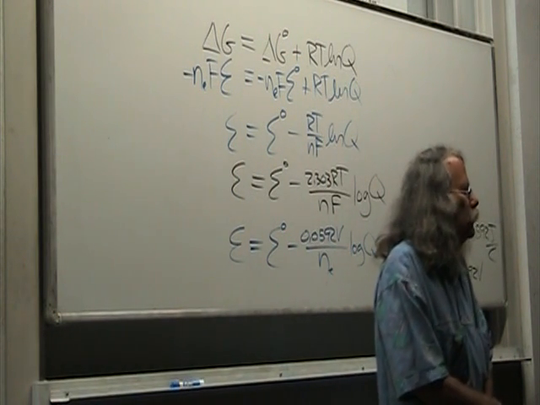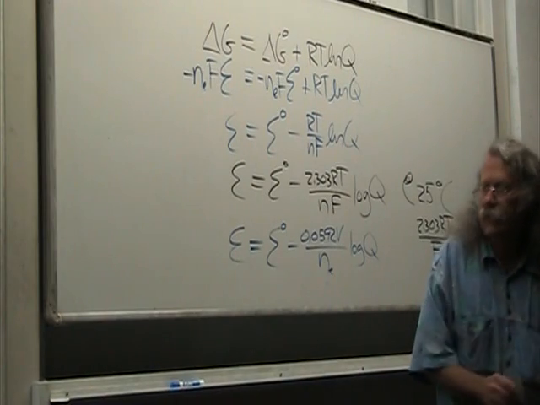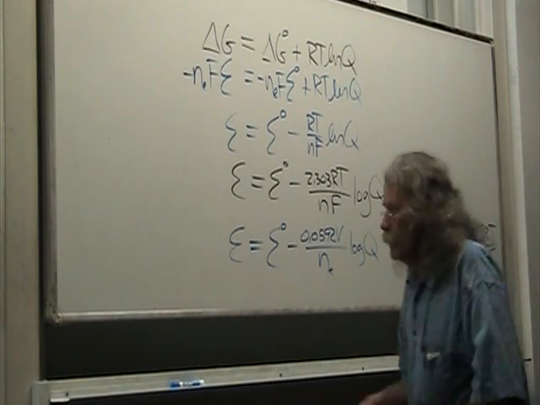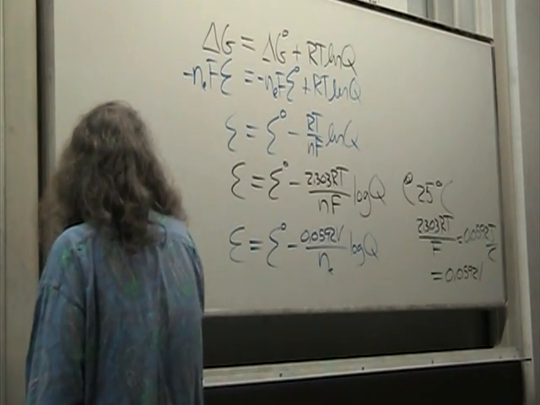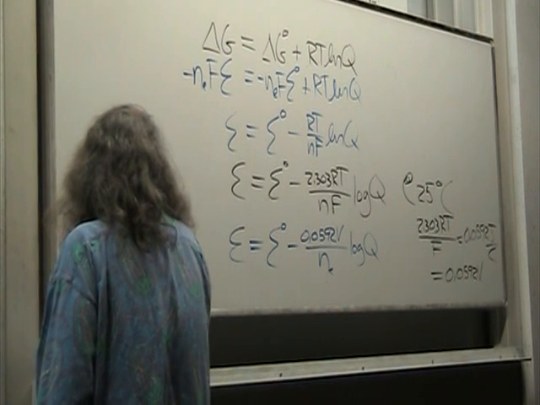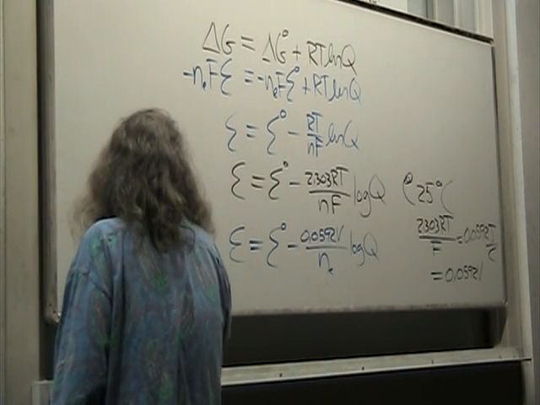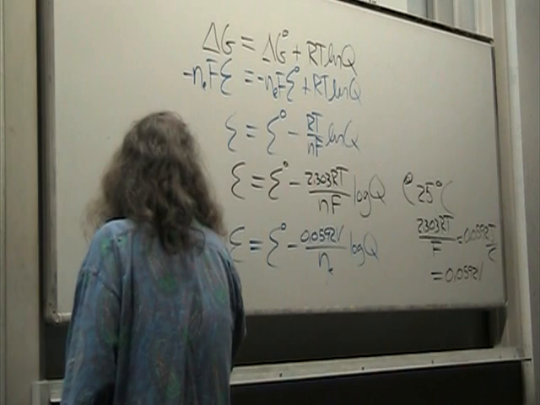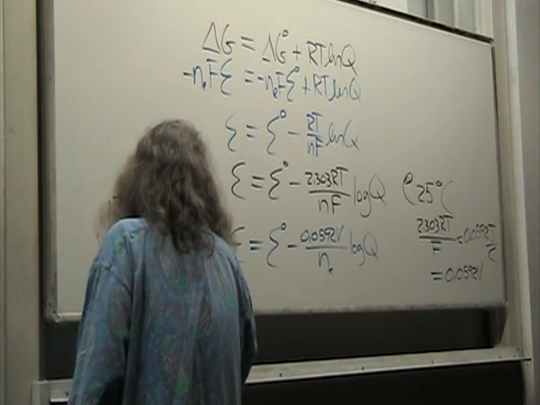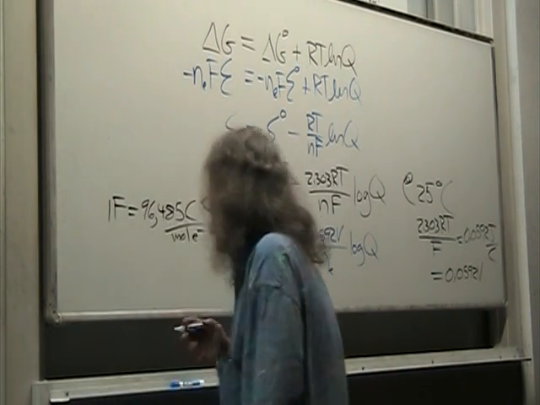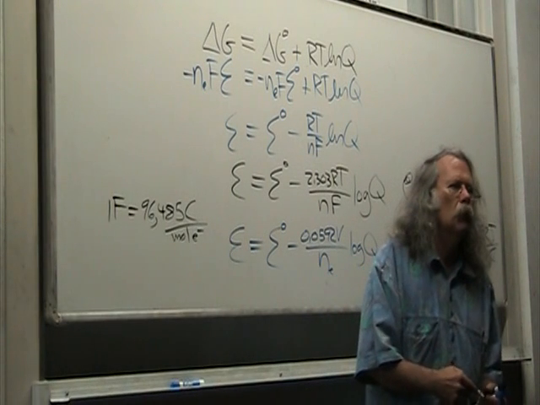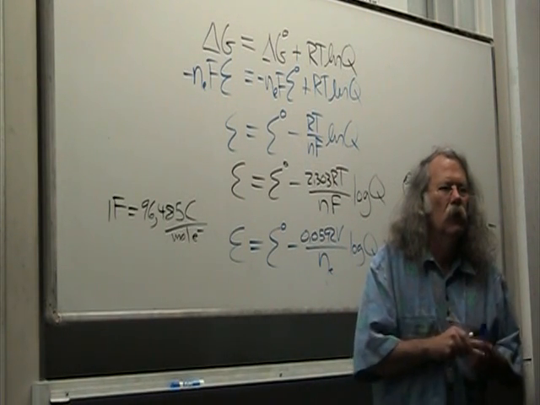What was Faraday's? There's 96,485 coulombs for every mole of electrons.